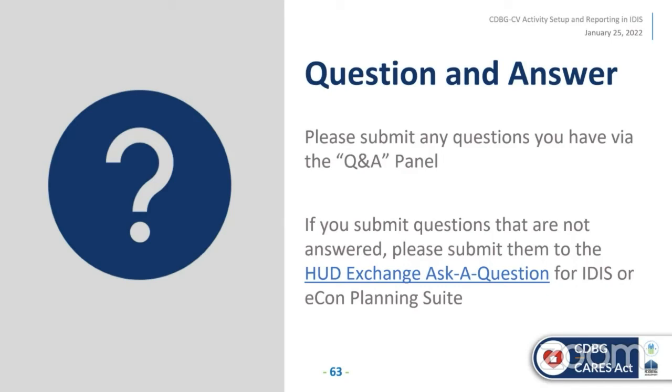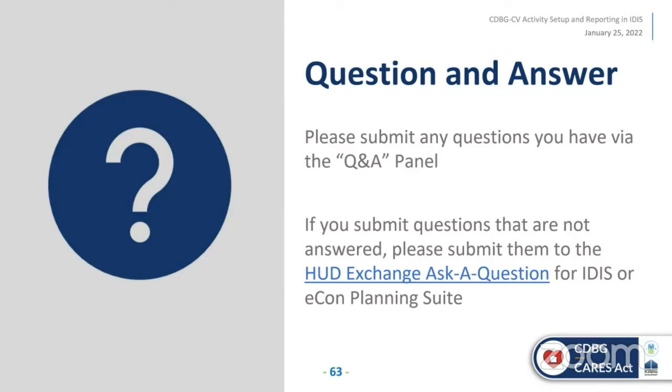Are we supposed to submit both PR26 reports for the 2021 CAPER? So now that you have finished at least a year and that we have the PR26 for CV, yes, you are supposed to be submitting both a PR26 regular CDBG and a PR26 CV.